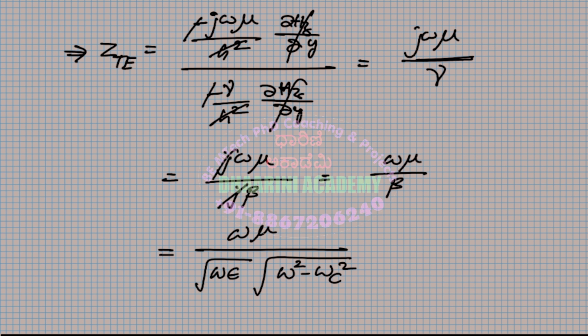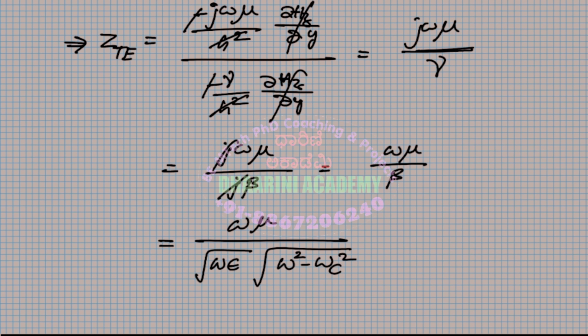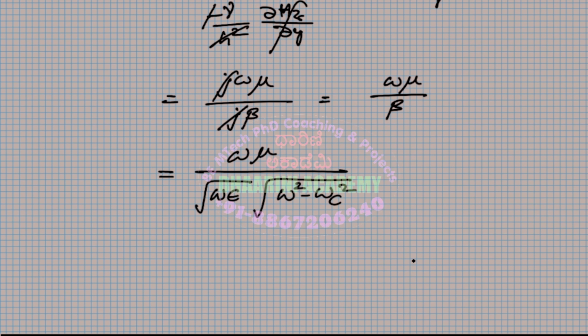One step I skipped here, and I think I made a mistake: it is not omega epsilon, it is mu into epsilon. So let me update that.